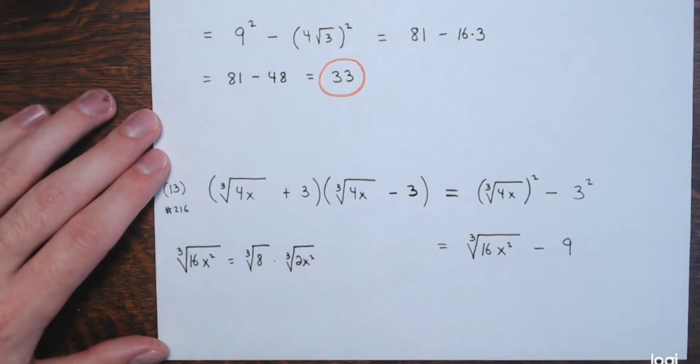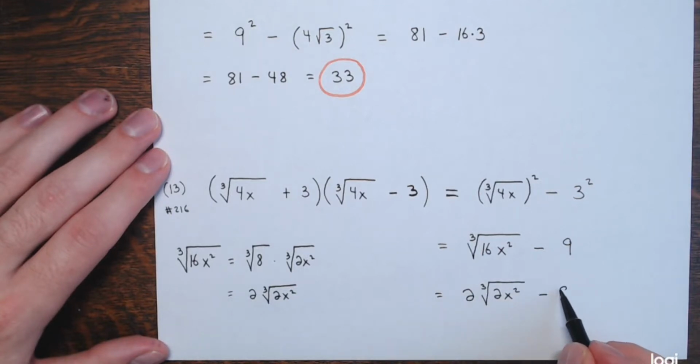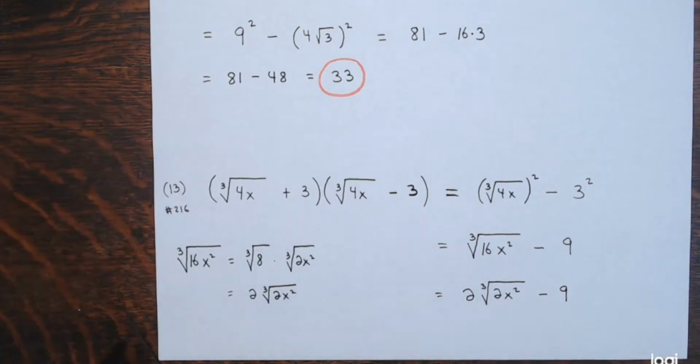And the cube root of 8 is just 2. So we have 2 times the cube root of 2x squared, and then after that, minus 9, and these don't go together.